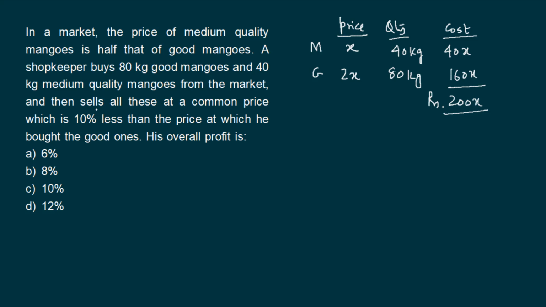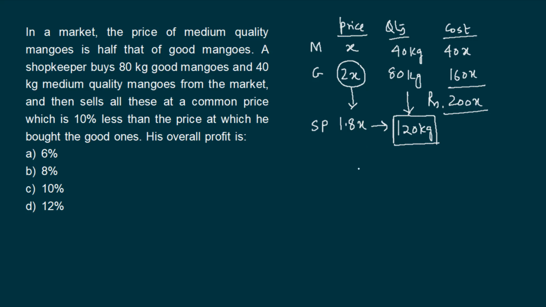Then he sells all these at a common price, which is 10% less than the price at which he bought the good mangoes. So good mango price is 2x. 10% less means 90% recovery. 1.8x is the selling price, of how many mangoes? Of 120 kgs of mango, that is the total quantity bought, 40 plus 80.